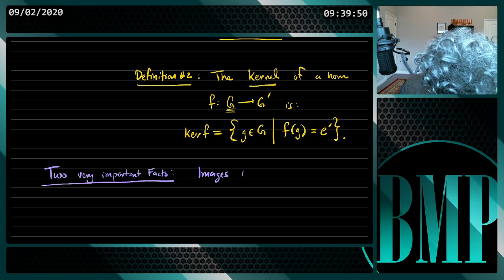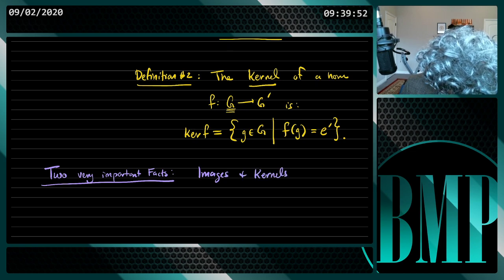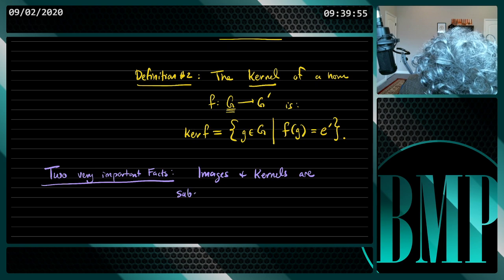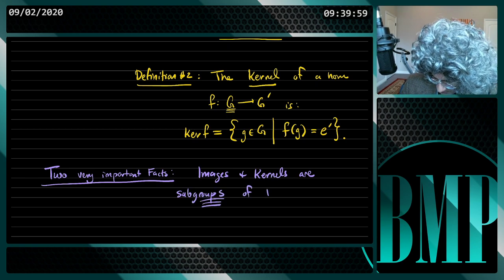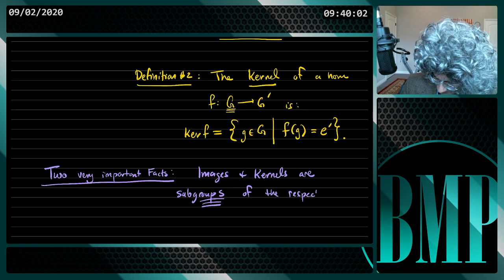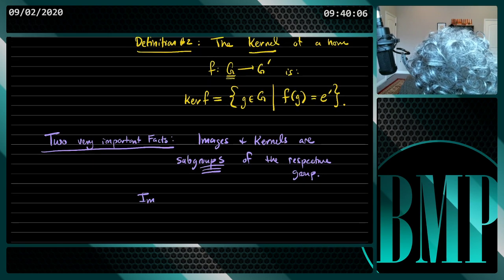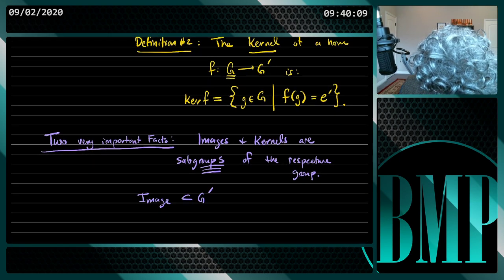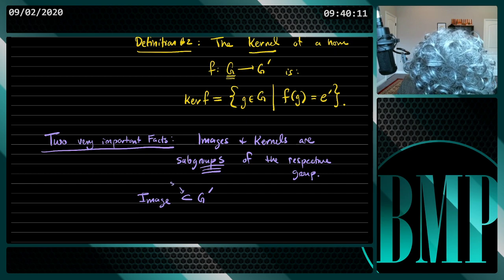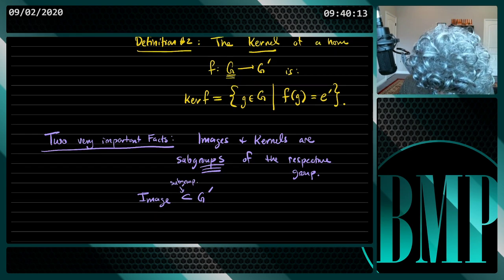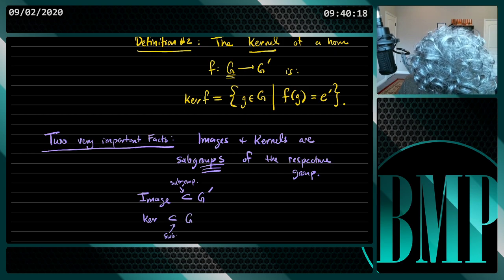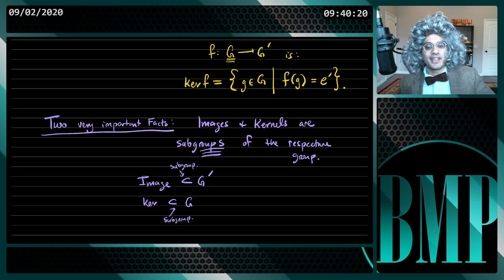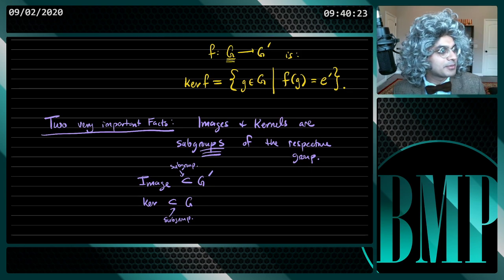Images and kernels are subgroups of the respective group. So image is a subgroup of G prime. This is a subgroup, not a random subset. And kernel in G is a subgroup. Okay? So these proofs are absolutely boring.